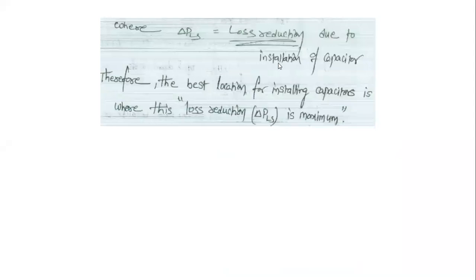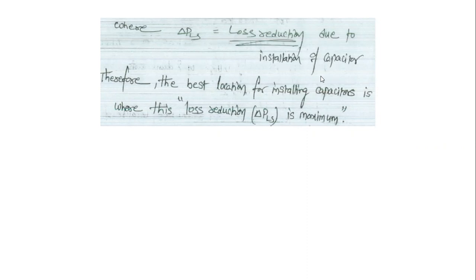Next, delta PLS is the change in the power losses when the capacitor is installed in the system, which equals the loss reduction due to the installation of the capacitor.